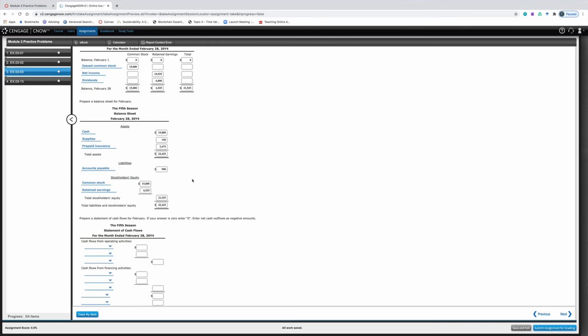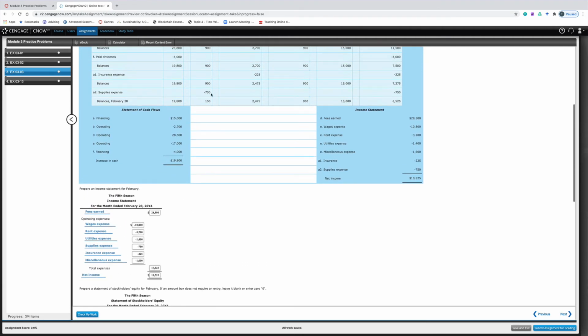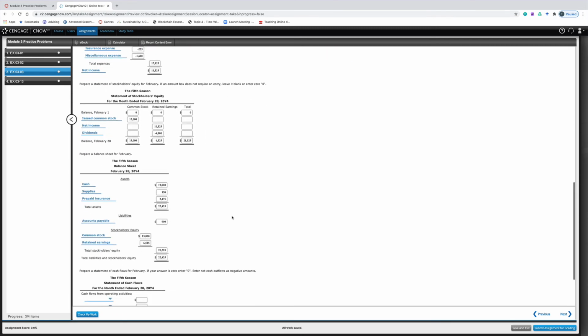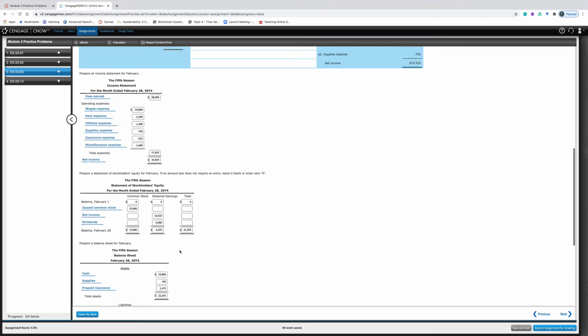Okay, so here again, we just picked up all these balances from the ending balances in each of these categories from above for the balance sheet. Now, one thing I want to note is a balance sheet will have subtotals, total assets, total equity, and total liabilities and equity, which you just have to calculate those subtotals. And then the last item, again, we're going to pick this straight up from above.